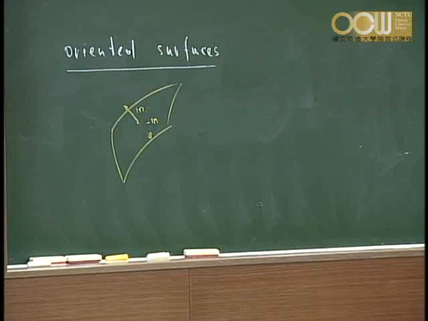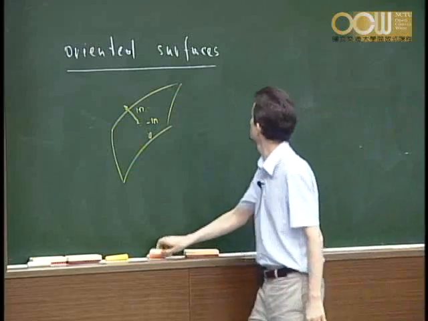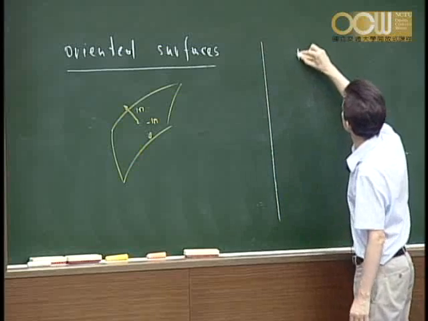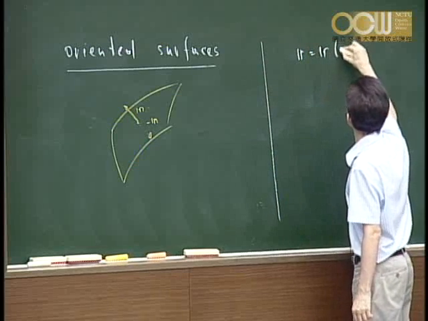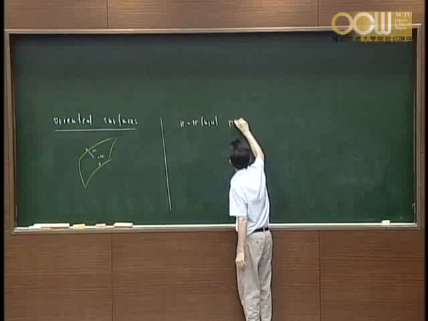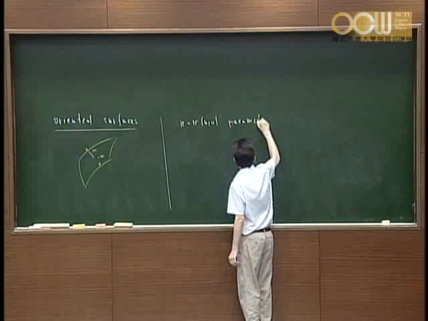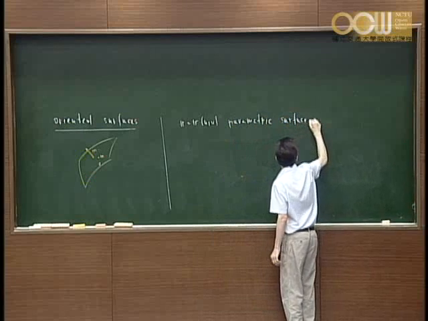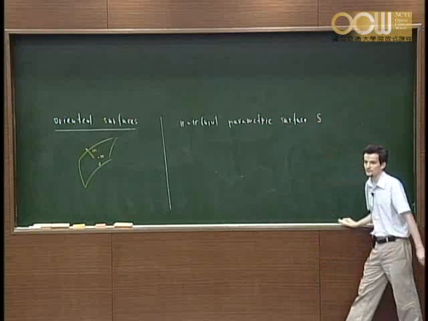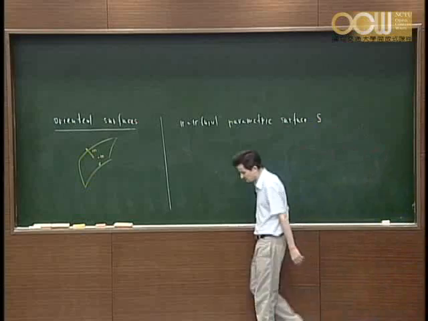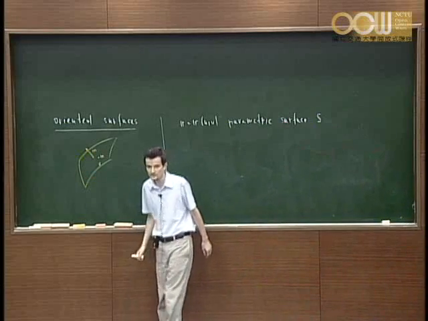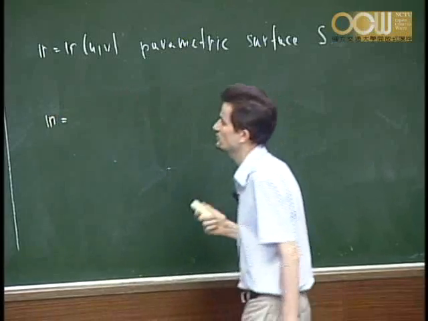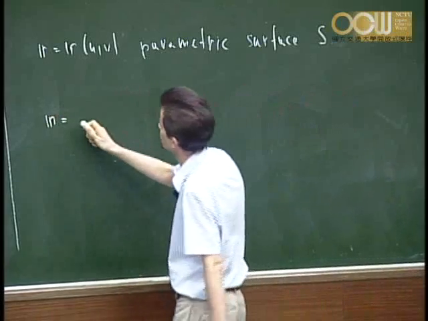Okay, so for instance, if you have a parametric surface, if S is an oriented surface, then you have a choice of a unit normal vector in the following way.